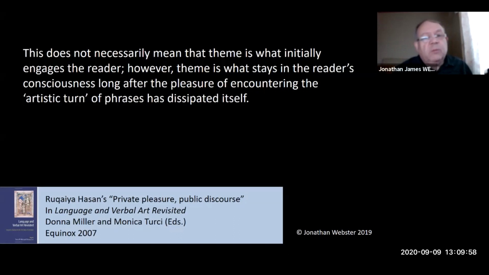If it is truly accomplishing its purpose, it's going to stick in your mind. It's going to be what you remember. And it may not be what you initially noticed. You may not see it, but it is communicating to you nonetheless.